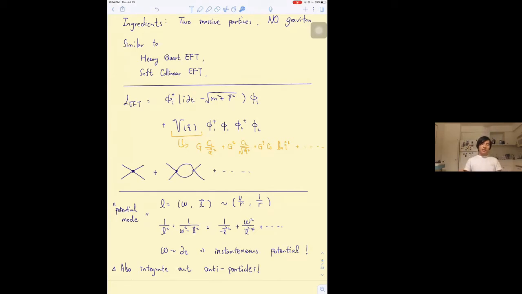The reason is exactly that we only want to keep the particle in our EFT, not the anti-particle. If we had the quadratic term in the time derivative, then the energy solution would have both positive and negative, which correspond to particle and anti-particle. That's not something that we want here. So that explains why we have this structure for the kinetic term.